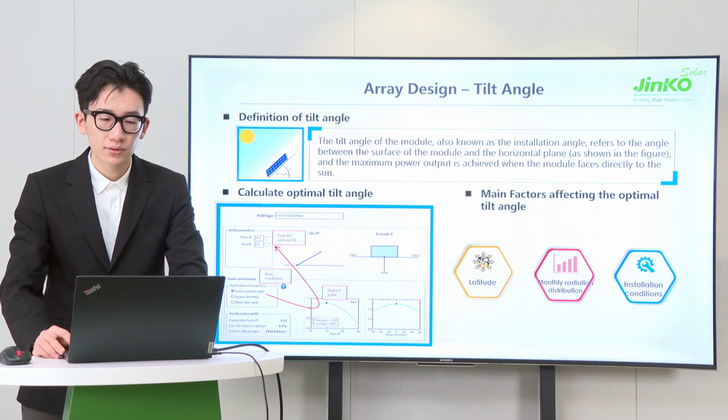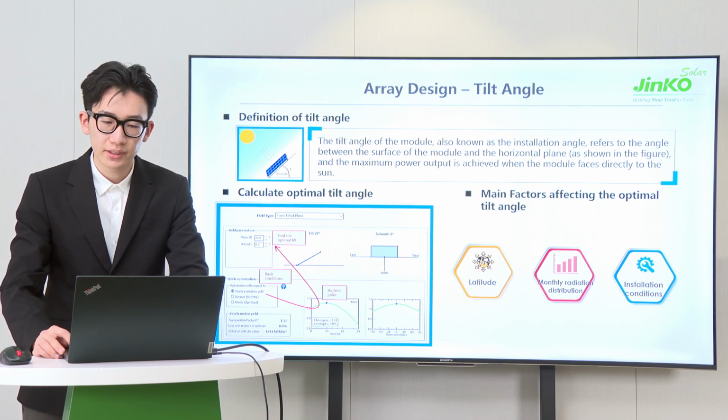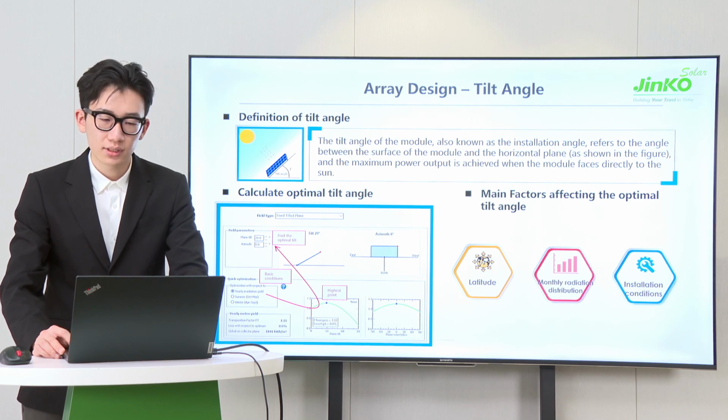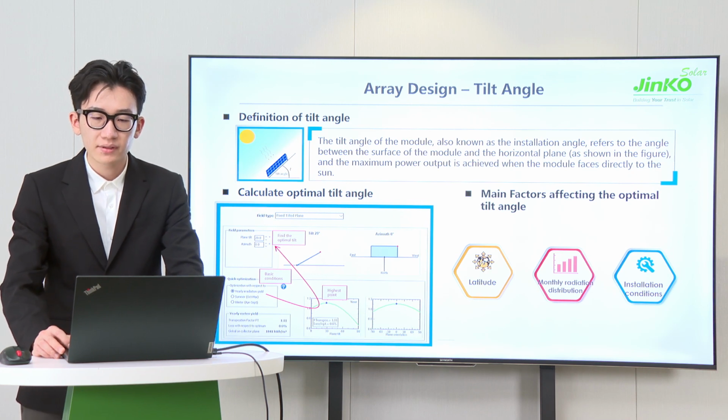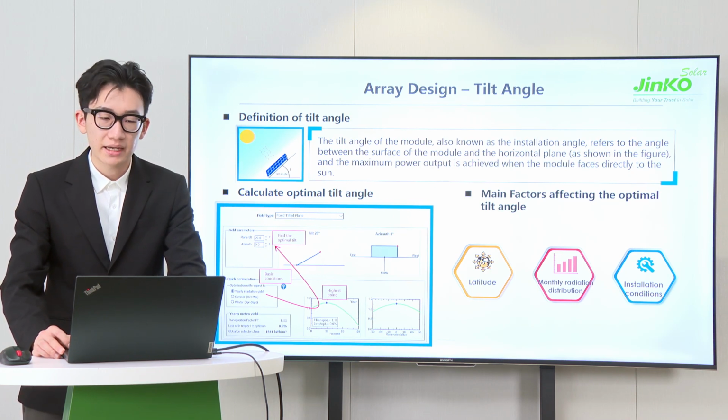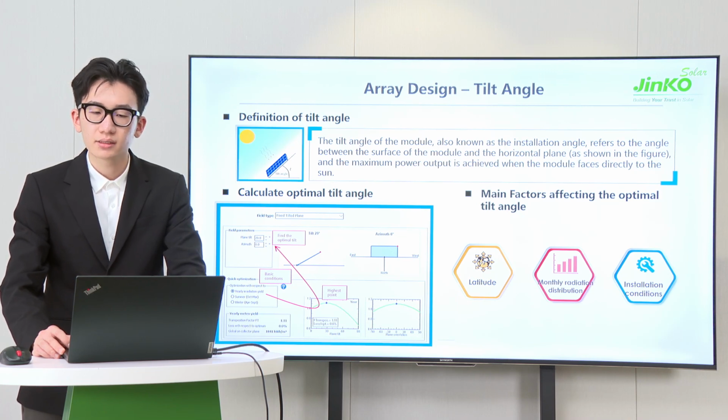PVsyst is commonly used to calculate and determine the optimal tilt angle. After inputting latitude, based on monthly radiation distribution, PVsyst finds the point at the maximum irradiation and the least power loss. The corresponding tilt angle is the optimal one.